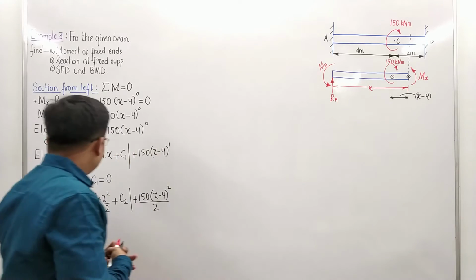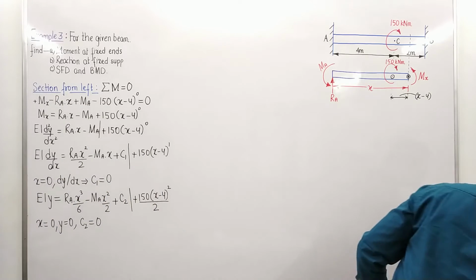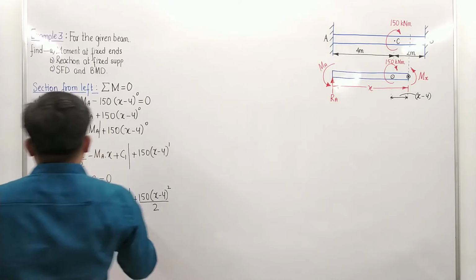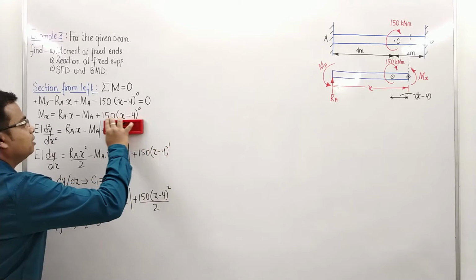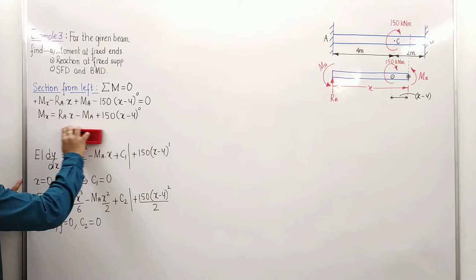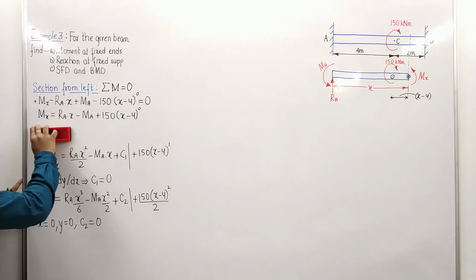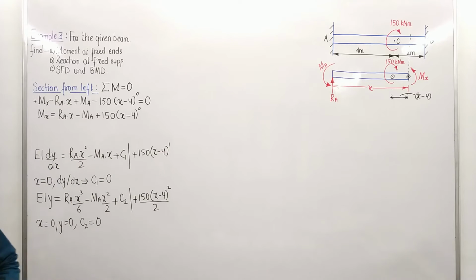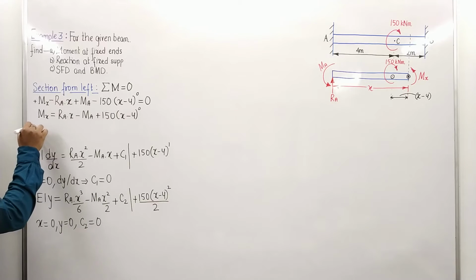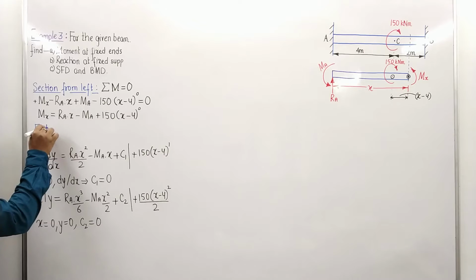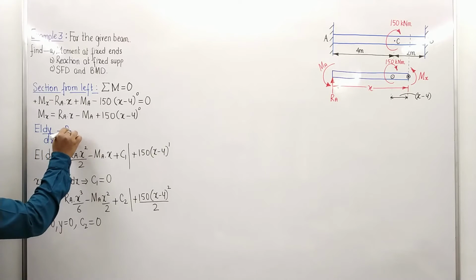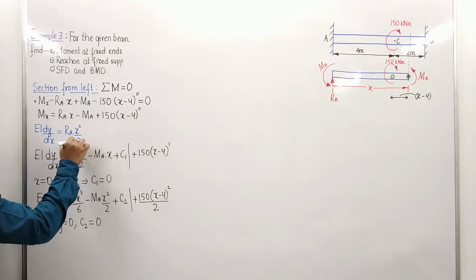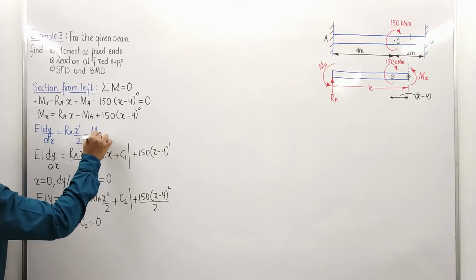Now first of all, let me rewrite these equations in a better form. Let me write the slope equation and the deflection equation also. So the slope equation is like this: EI dy over dx is equal to RA times x squared by 2 minus MA times x.